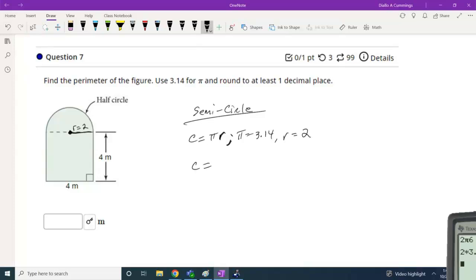So in order to find the circumference of the semicircle, it's going to be 3.14 times 2, which is 6.28. All right, so that would give us the circumference for the semicircle top.